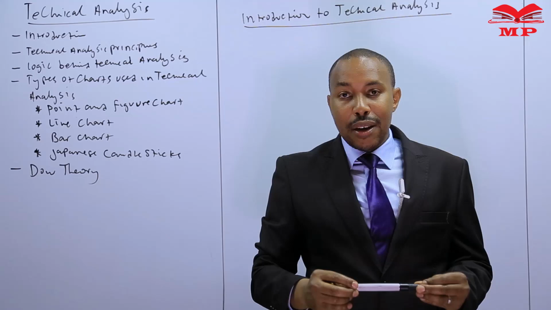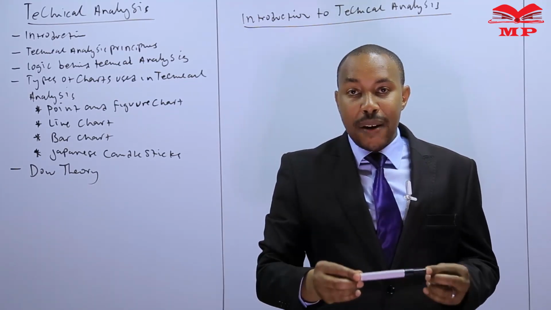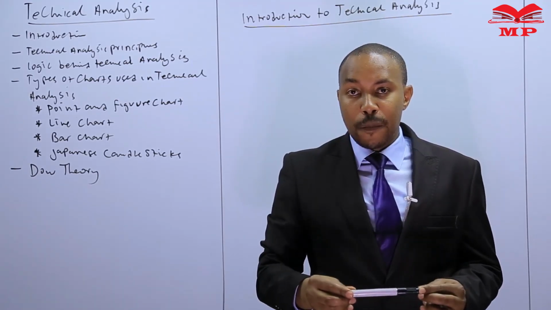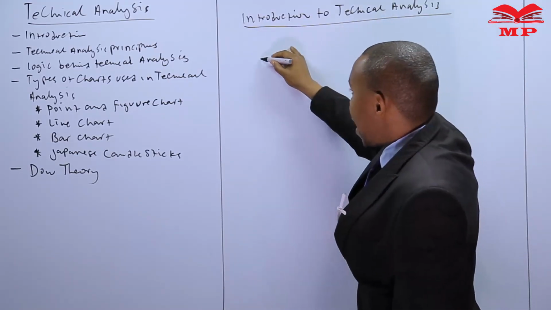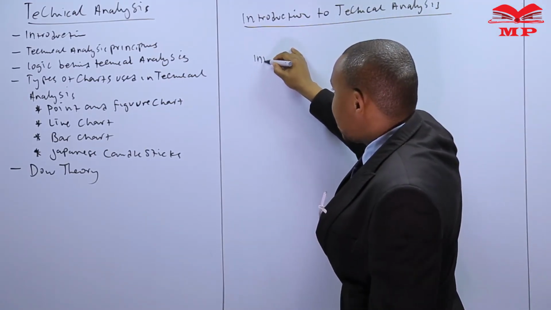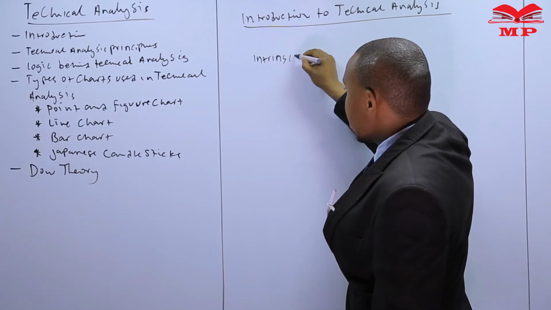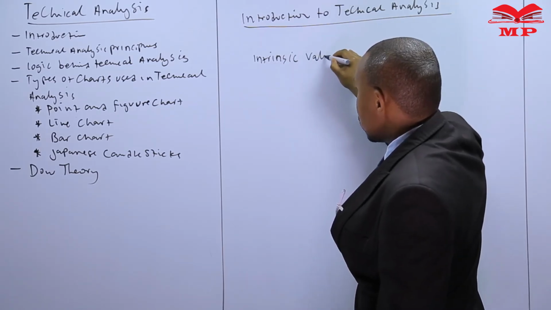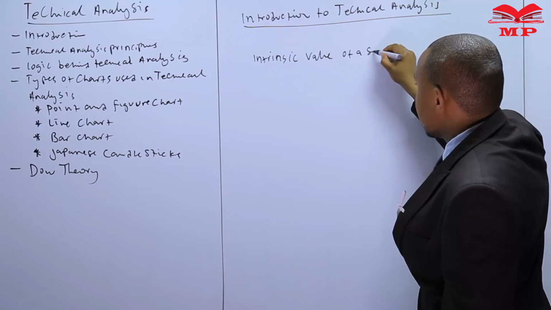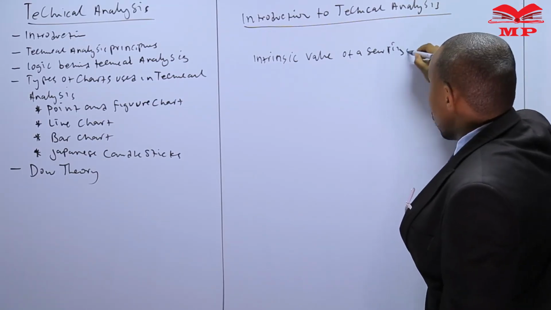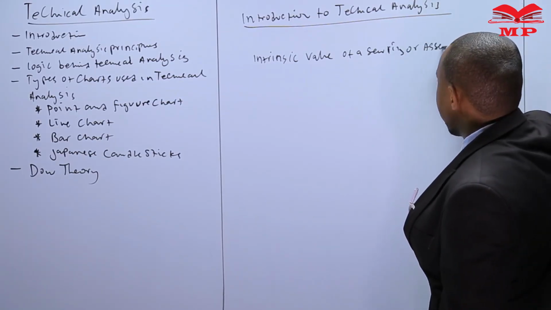Technical analysis tries to cover up where fundamental analysis left off. Fundamental analysis looks at the identification of the intrinsic value of a security or an asset.